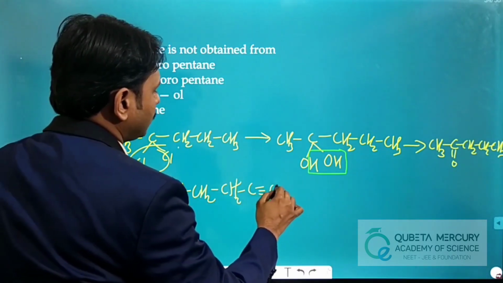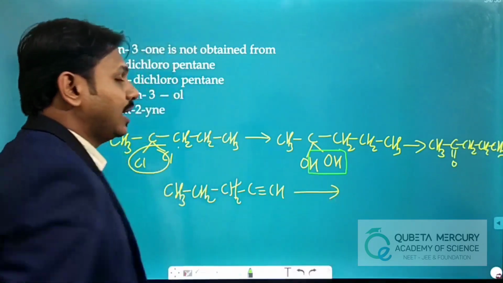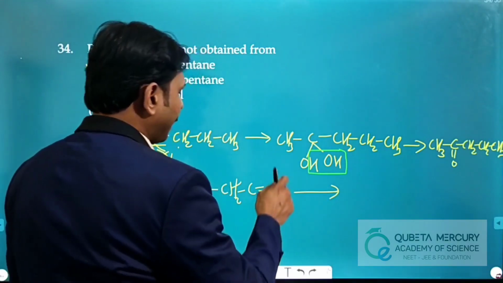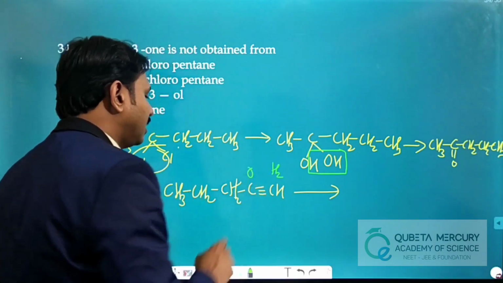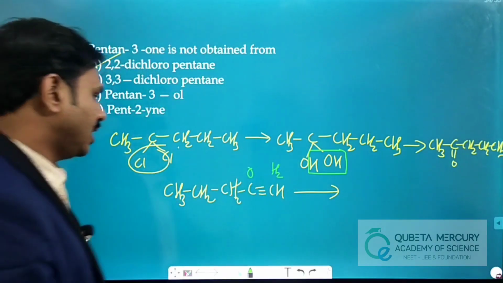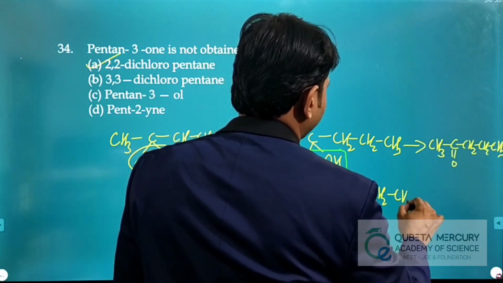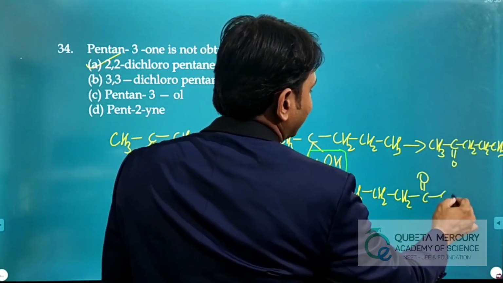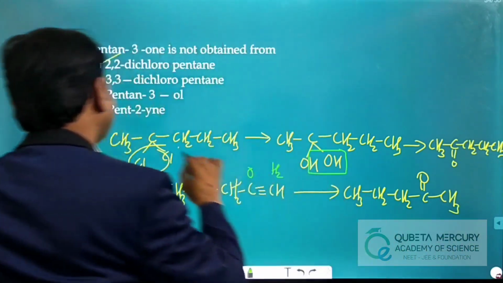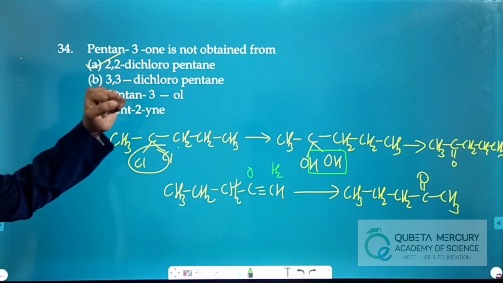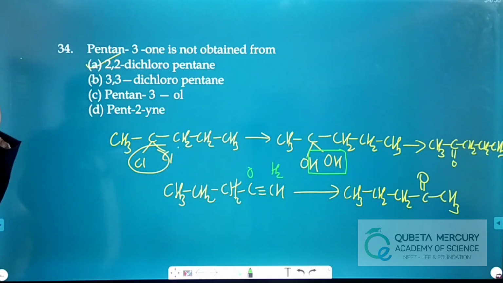CH3CH2CH2C triple bond CH. This on acidic hydration using dilute sulfuric acid and mercuric sulfate will give a product that can be easily understood this way: CH3CH2CH2COCH3. That means this molecule can also give pentan-2-one.